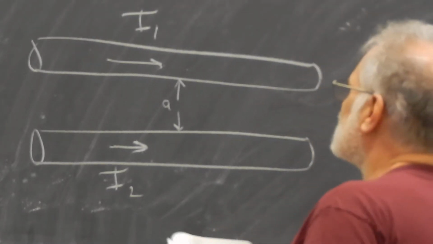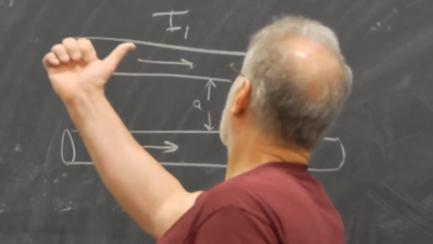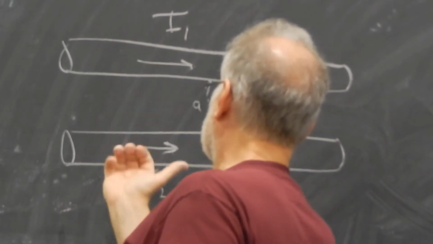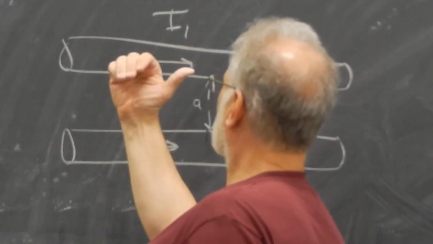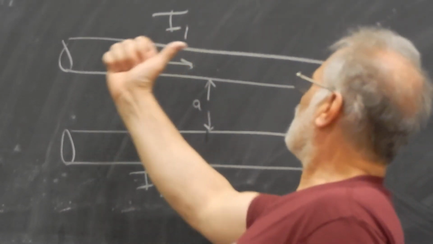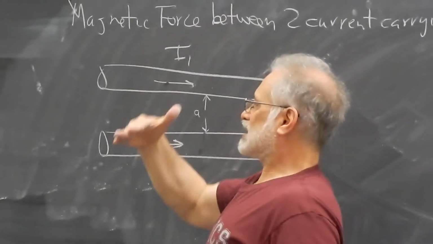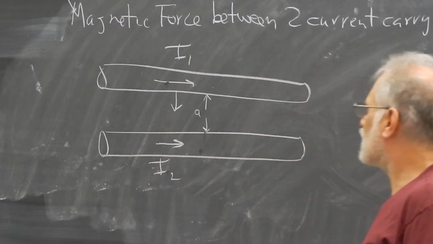That being the case, if I use the right-hand rule, I've got the current in I1 going this way. The magnetic field that's created by wire 2 is coming out of the board at wire 1. So if I have the charges going this way, the field coming out of the board, the force on wire 1 is going to be towards wire 2.